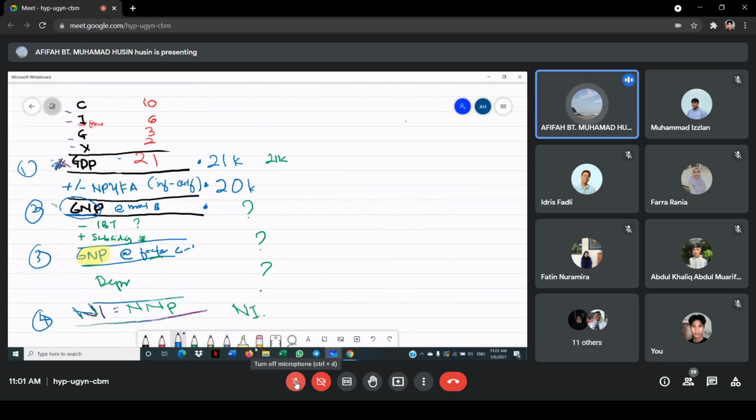Now you kena kira total of C, total of I, and then cari GDP. Sekarang kami bagi awak C berapa, kami bagi awak G berapa. Senang je. Kuliah di detail out sikit. Any questions? Tak ada?